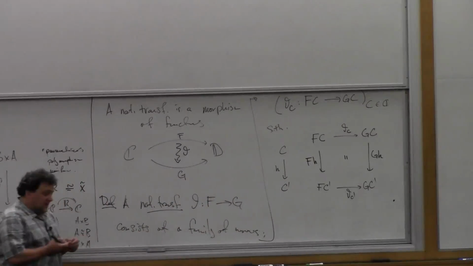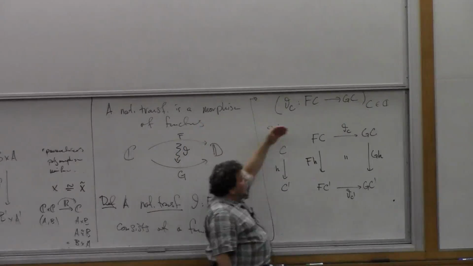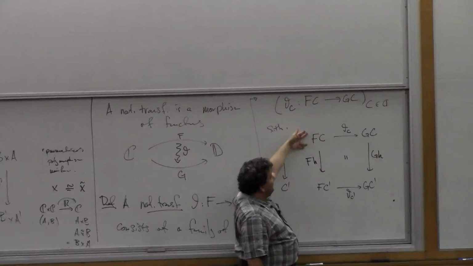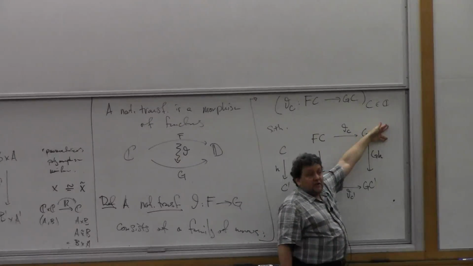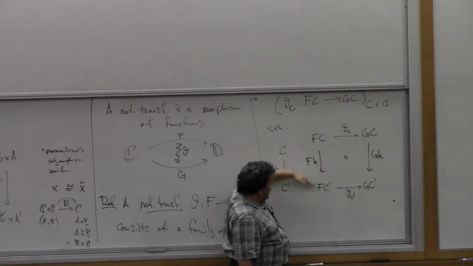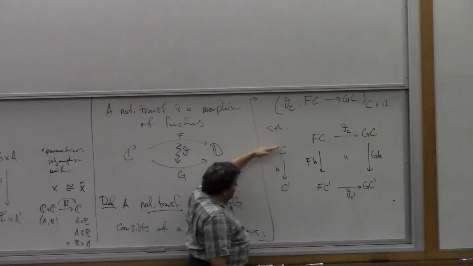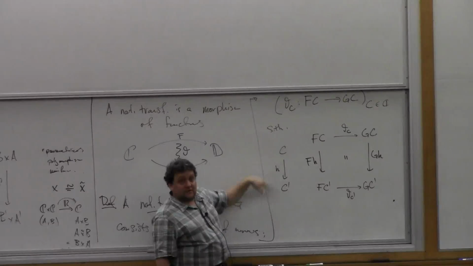So the idea is it's a way of getting from the functor F over to the functor G, which respects the action of F also on all of the arrows of C.